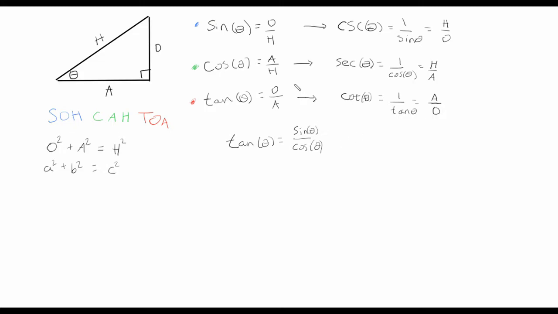To prove that, we can take sine, opposite over hypotenuse, and divide it by cosine, adjacent over hypotenuse. When we divide fractions, we change this to multiplication and flip. So we get O over H times H over A. Our H's cancel, and we get O over A. So I really like to think of tangent as sine over cosine.